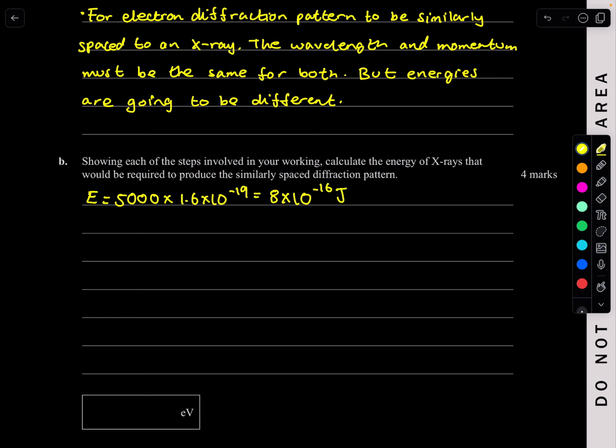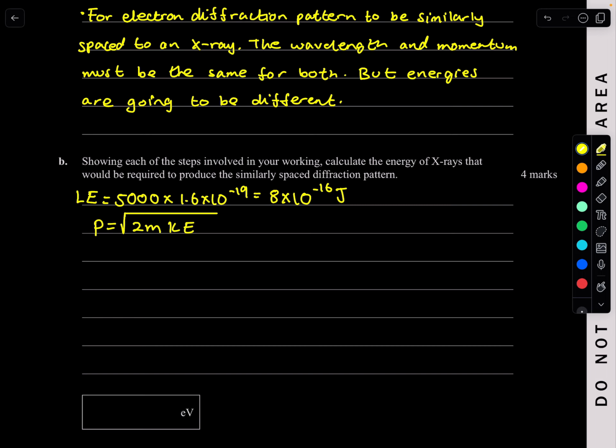Looking at my formula sheet, as we said, the momentum is going to be the same for both. So we can use the momentum formula, the square root of 2m times the kinetic energy. Well, of course, this is your kinetic energy.